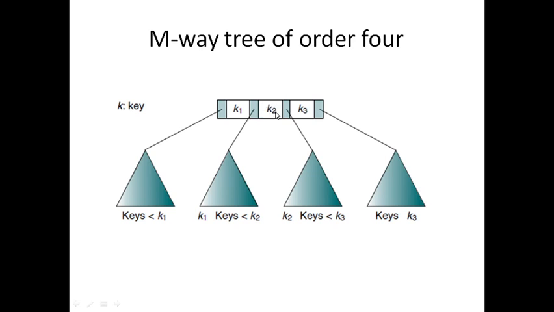Similarly for K2, these keys will have to be less than K2, and these keys have to be greater than the value of K2. In this way we can construct an M-way tree.